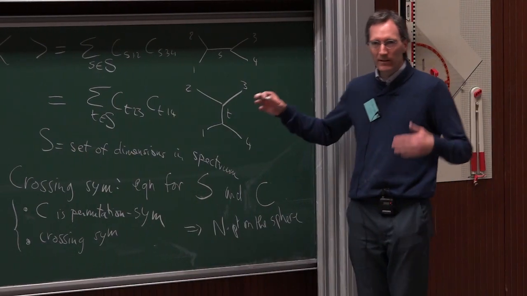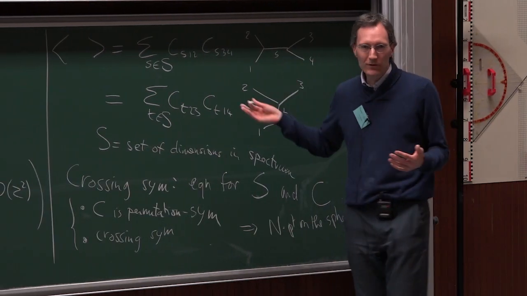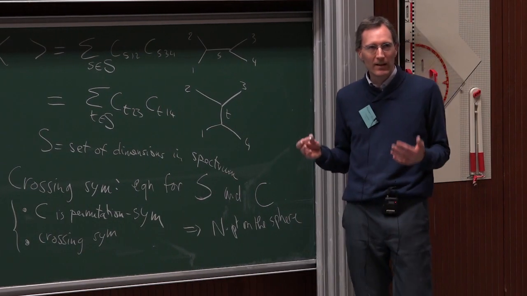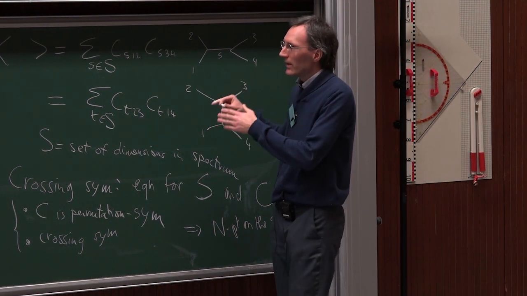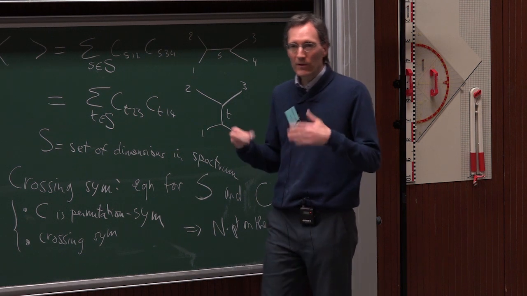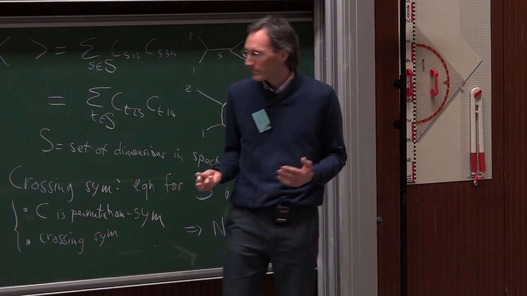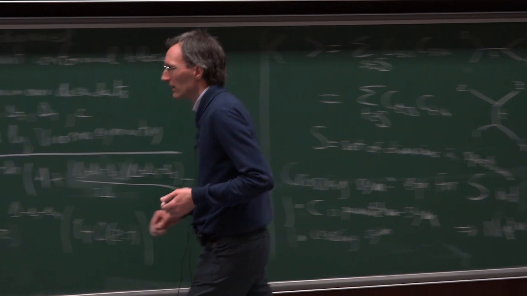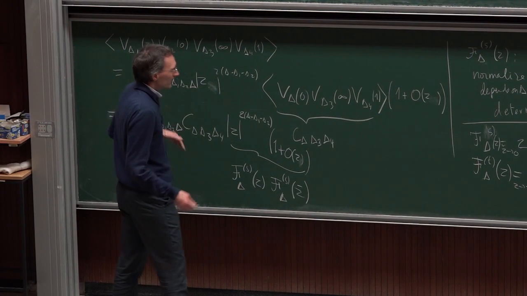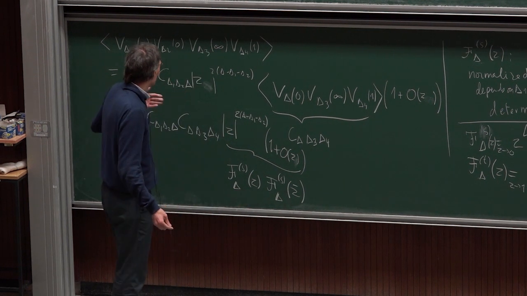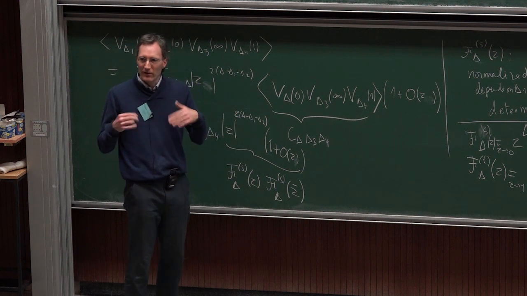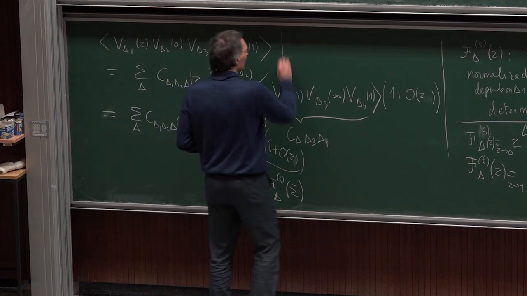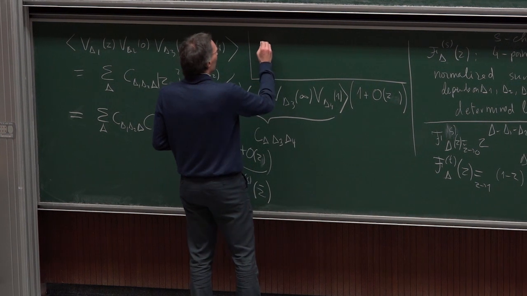And the reason why the higher correlation functions don't give extra constraints is that actually this crossing symmetry already implies that your operator product expansion is associative. So if you want this operator product expansion, it should be associative as a consequence, actually, of the axiom of commutativity of fields.